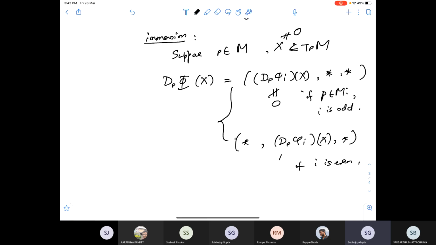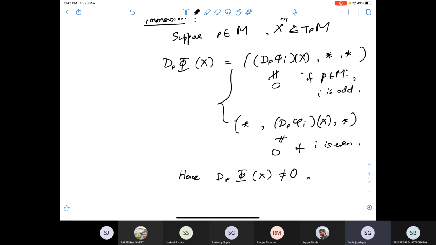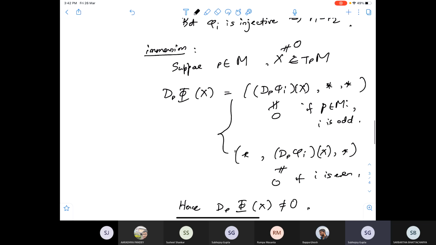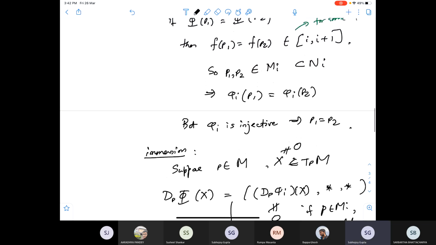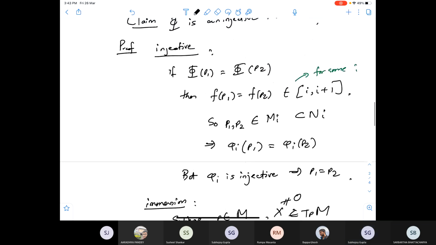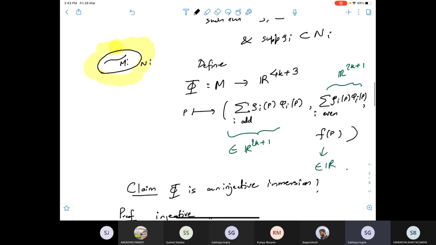So for any of these p's, dp of phi applied to x is non-zero. So it can't all be 0, and that proves that it's an immersion. I hope that was clear.